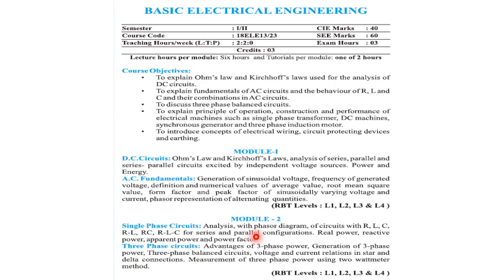There are a number of circuits you are going to study here. Those are R, that is pure resistive circuit, L, pure inductive circuit, C, that is pure capacitive circuit, and combinations of these 3, that is RL, RC, RLC for series and parallel configurations.